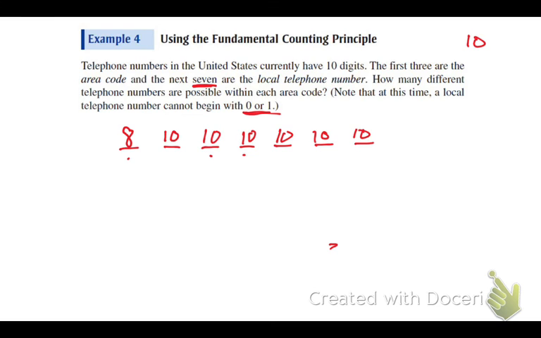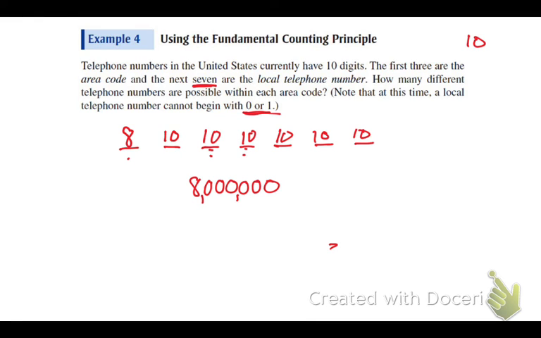Could I start putting restrictions on there, like the first 3 numbers can't repeat? Then those 10 would go down. So now we have 8 times 10 to the 6, right? That's 8, 1, 2, 3, 4, 5, 6.